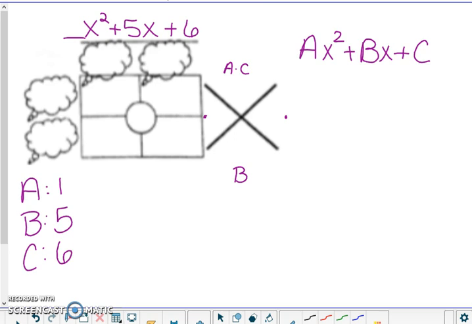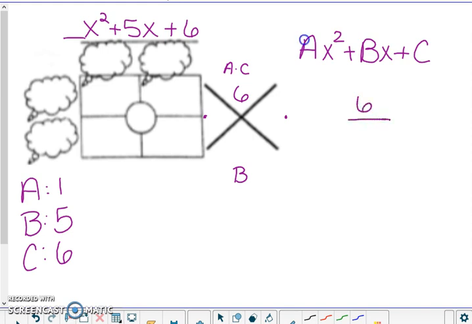There's actually a couple tricks that we can do to find that information. Now, 6 is an easy number to factor. 1 times 6 is 6. There's only so many numbers that can be combined to give us 6. So let's go ahead and do that.